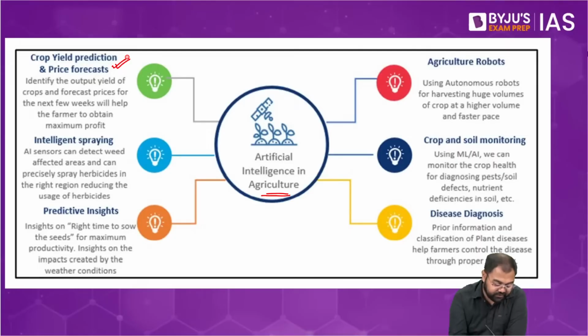Similarly, with insights, even in spraying or in making agricultural robots, AI can play a big role. So we see that there are a lot of ways in which AI will be very, very useful, because it will be able to analyze data for you very quickly, and also look into things that we might have never seen.